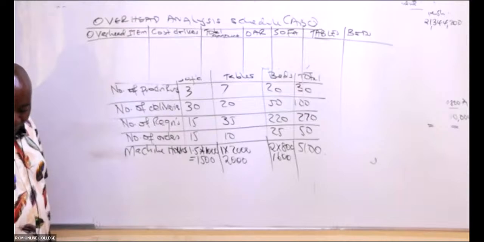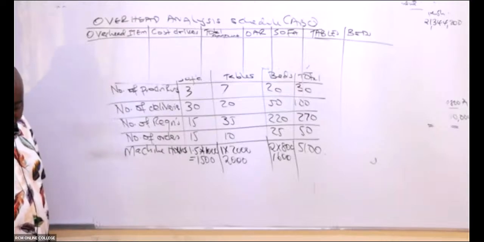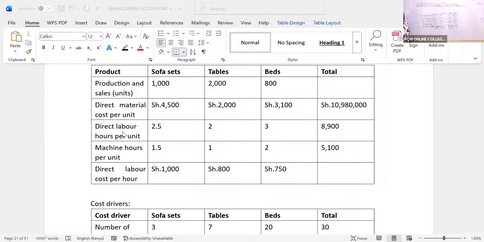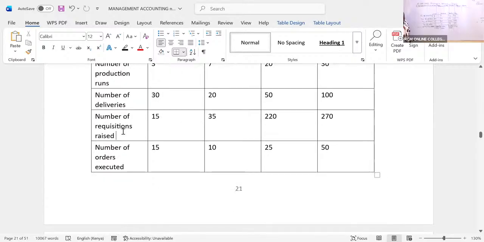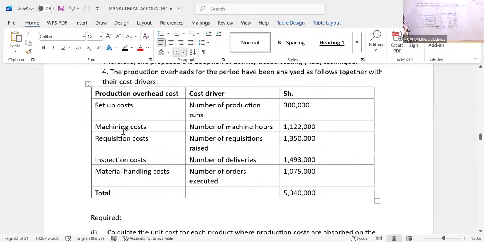So then we start with the first overhead item given. If you come to this table where they have given us production overheads, we start with the first one, which is the setup cost. What is the cost driver there? Production runs.